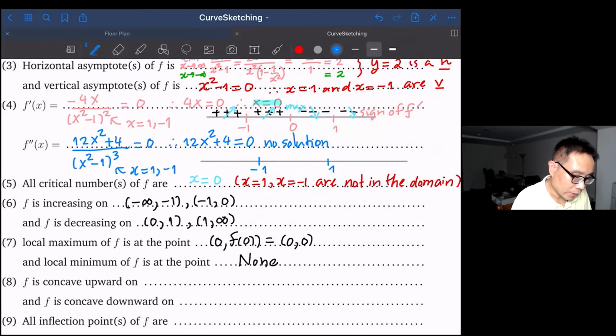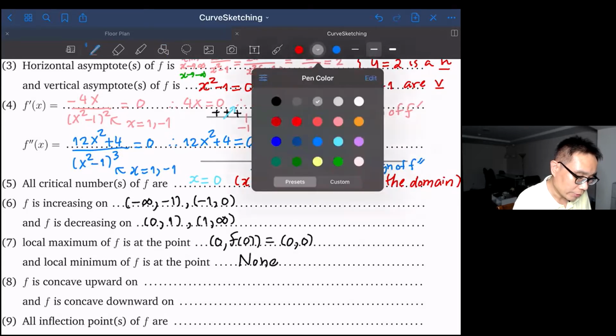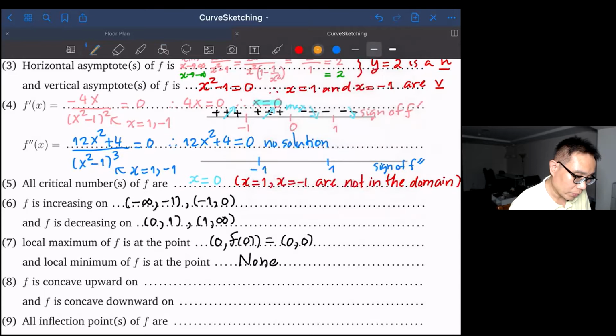Okay, and you're checking the sign of f double prime. So you're going to plug in one number. Okay, so you plug in 2 into this, and you have 2 to the third, so you're going to get positive sign.